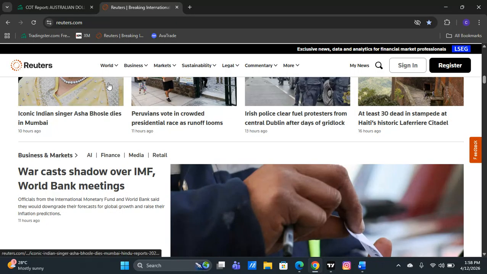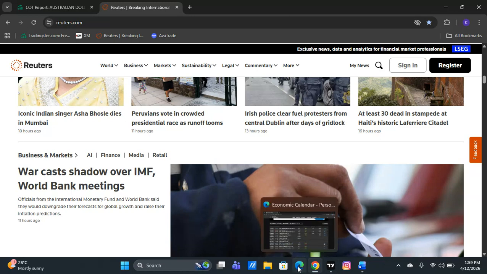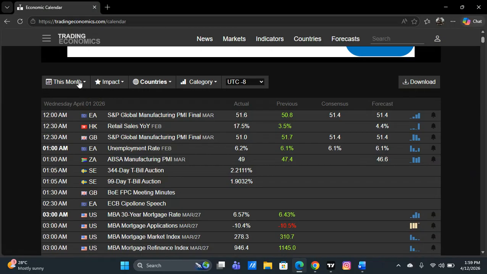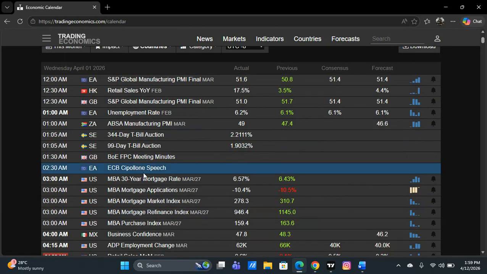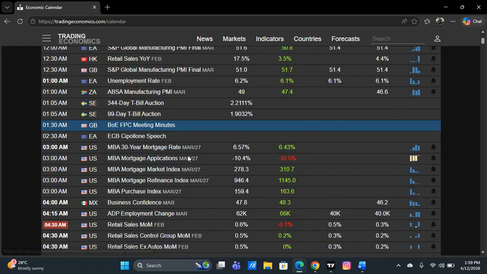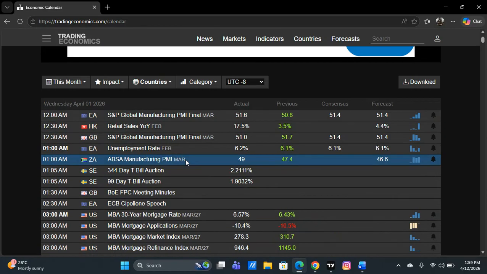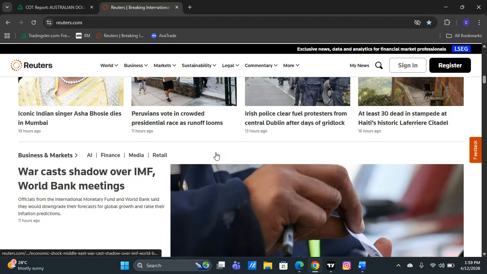So that is a combination of geopolitics with market sentiment, and those are the systems that I'm using. But the main key system that I'm using is called Trading Economics, where I look at the performance of different currencies, what they do, and I decide whether I'll be going long or short.